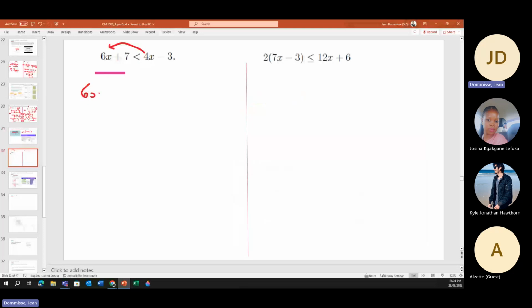So 6x minus 4x on this side, smaller than, and on this side we've got minus 3 minus 7. Okay, so 6x minus 4x is 2x, and that is smaller than minus 10. So x is smaller than minus 5, because 10 divided by 2 is 5. And that is how you work it out.